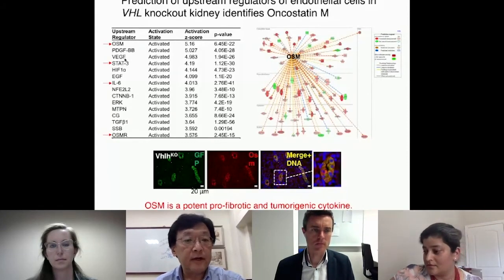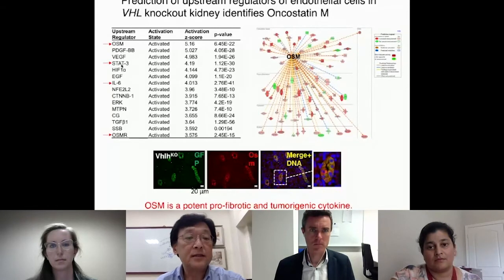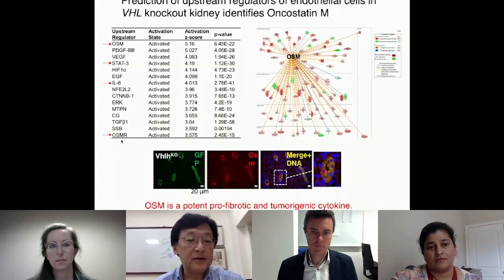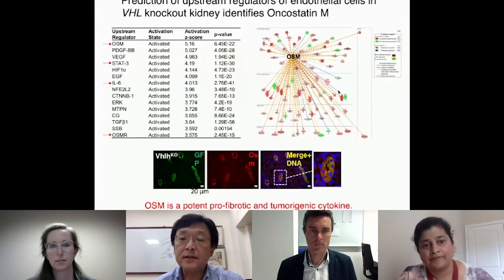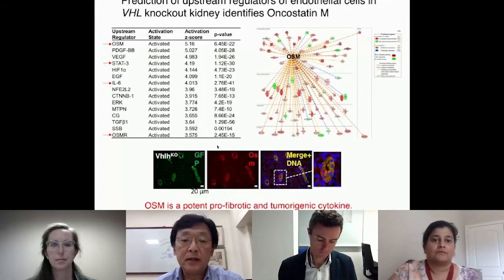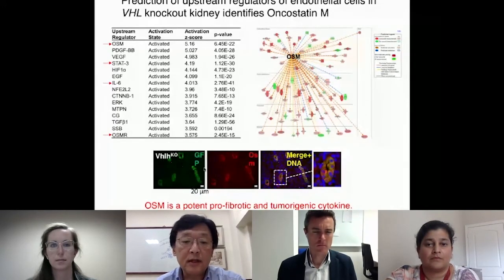There are other pathways, and some of these are actually the same as oncostatin M, like STAT3. STAT3 is activated by oncostatin M. IL-6 is very much related, and we'll come back to that, and the oncostatin M receptor itself. So it's a very prominent signaling pathway in this phenomenon. And we verified the oncostatin M expression together with GFP-marked mutant cells.